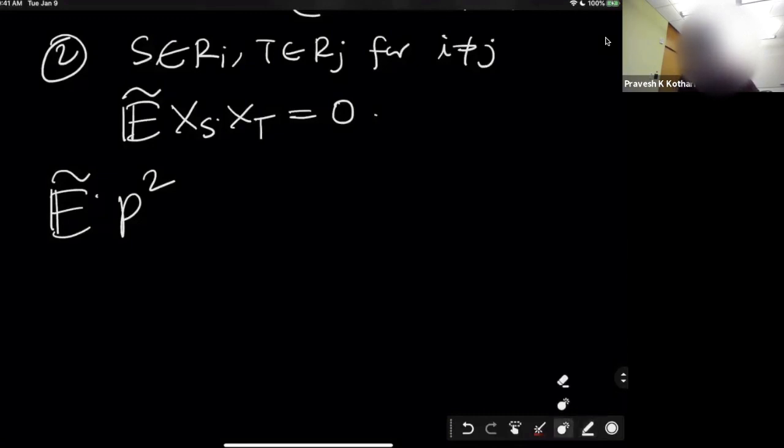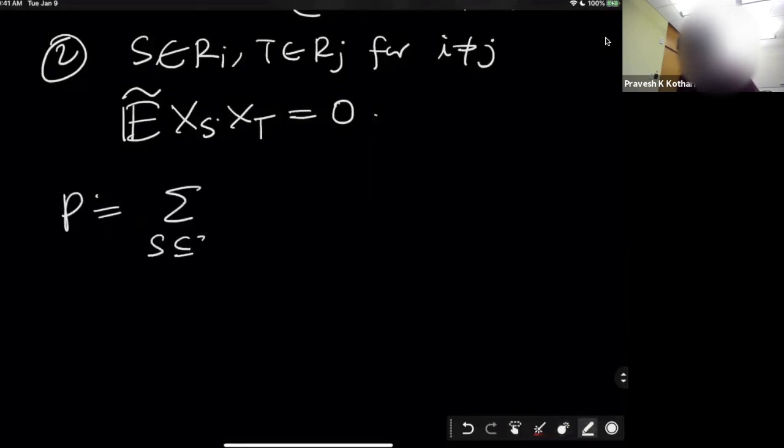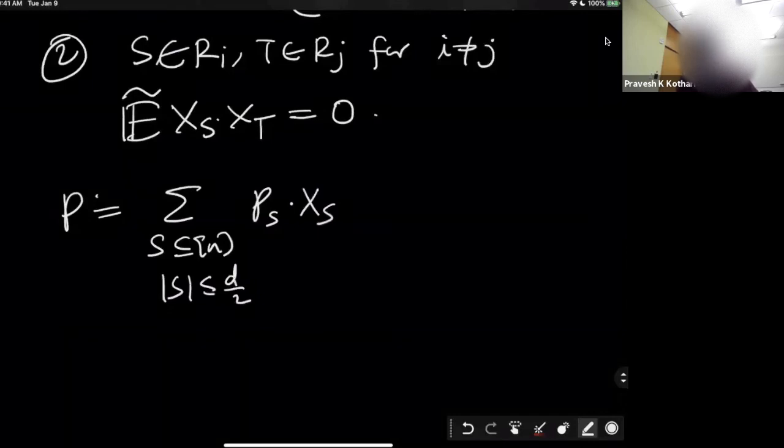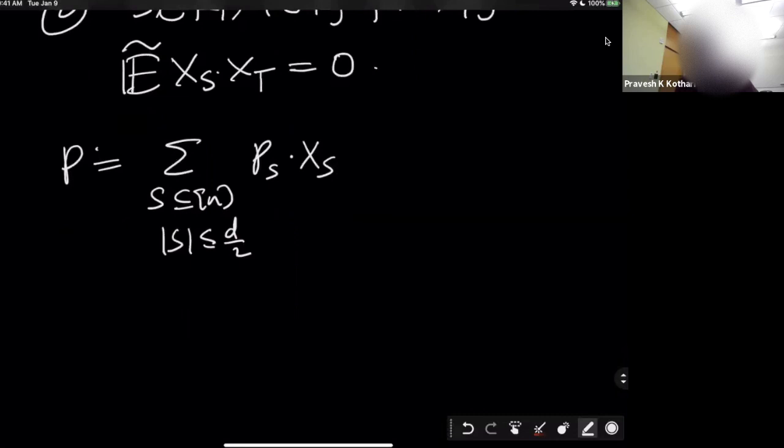So let's, in fact, write down p. Any polynomial p of degree at most d/2 can be written as a sum over its monomial representation, right? And S is of size at most d/2. That's how any polynomial looks, right? Now, I have split all the monomials of size at most d/2 into a bunch of equivalence classes.